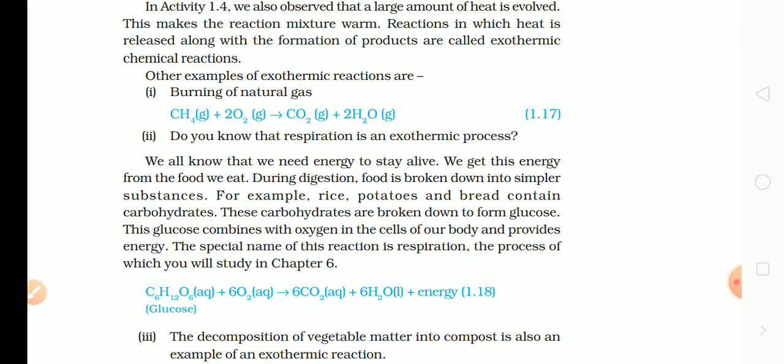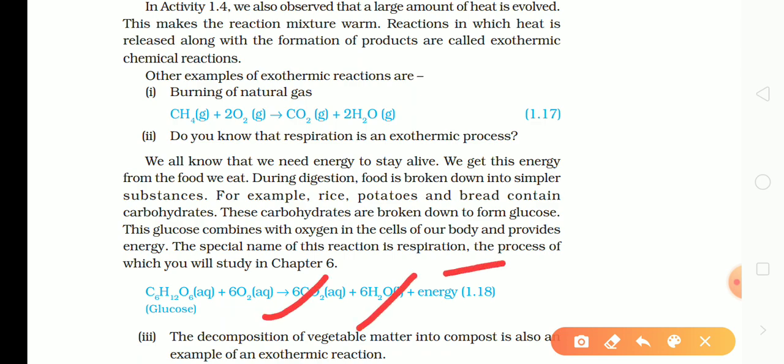gets into the cells, the cytoplasm, then into mitochondria, what is happening? This glucose is decomposed to produce carbon dioxide and water with the liberation of energy. And this energy we are using for a lot of daily life activities.